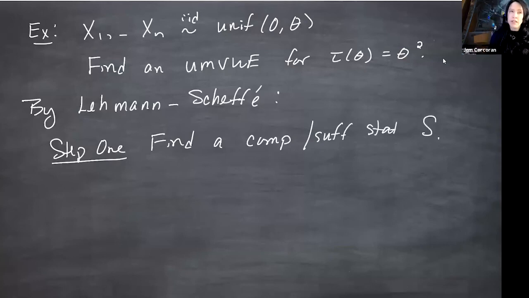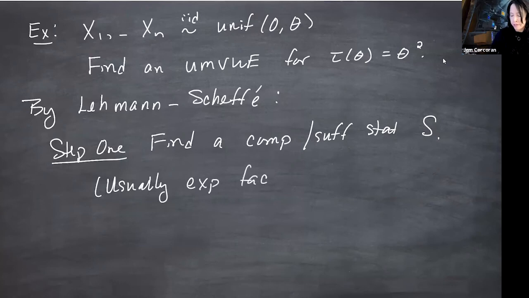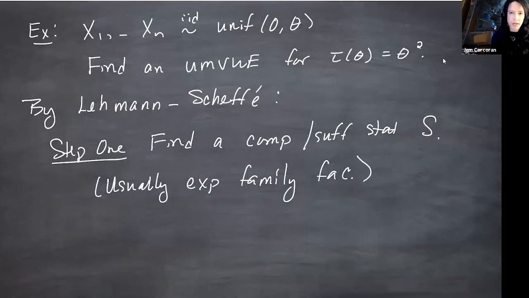Now, this is almost always done by exponential family, but for the uniform 0 theta distribution, that's not going to work. So usually exponential family factorization, but that doesn't work when the parameter's in the indicator. It also doesn't work in some other cases. I'm not sure if I talked about this last time, but it doesn't work, for example, for the Cauchy distribution.